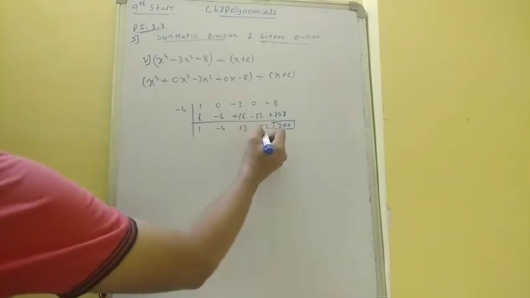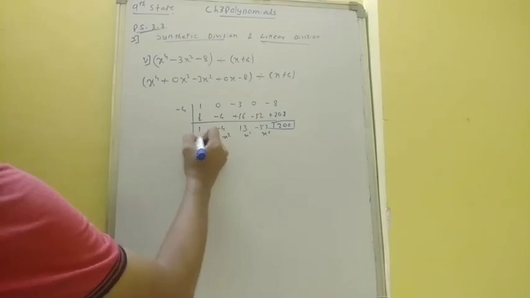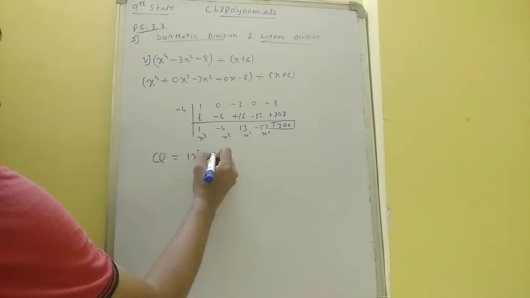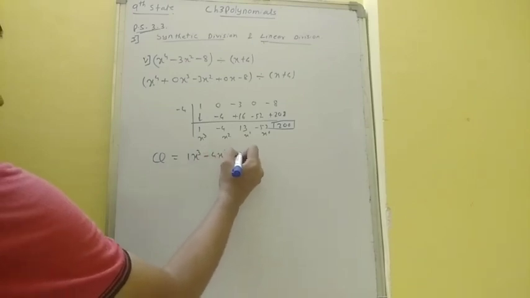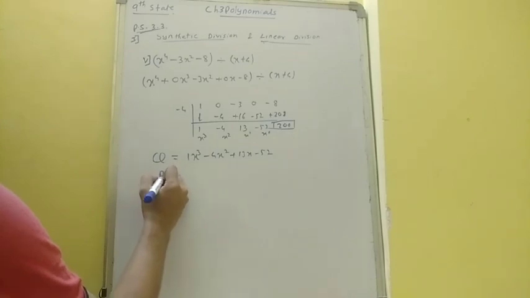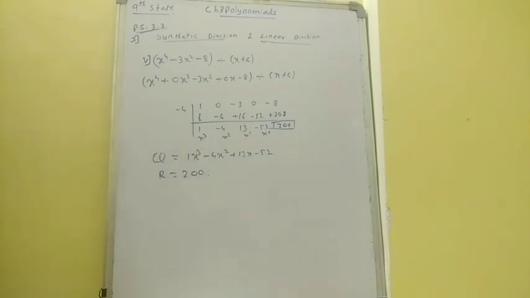So x raised to 0, x raised to 1, x raised to 2 and x raised to 3. Therefore the quotient is 1x raised to 3 minus 4x square plus 13x minus 52 and the remainder is 200. So this was the fifth one.